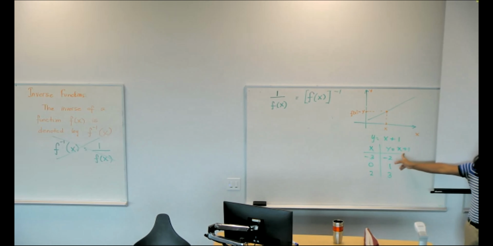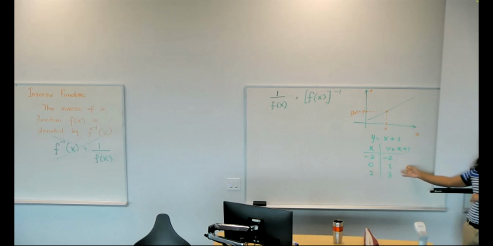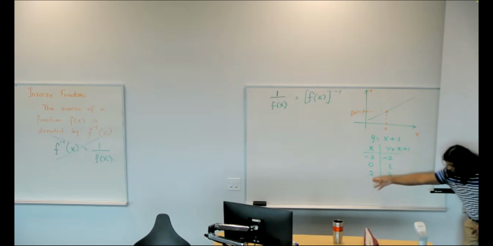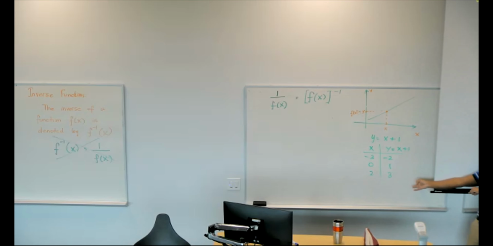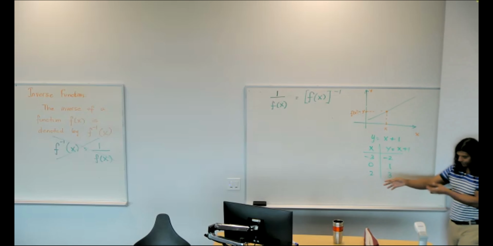If that statement is true, and you try to solve for x, when you plug in y equals -2, what should you get? -3. If you plug in y equals 1, what should you get? 0. If you solve for x by plugging in y equals 3, what should you get? 2.